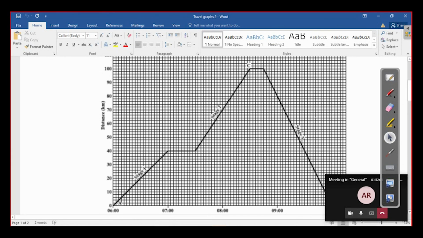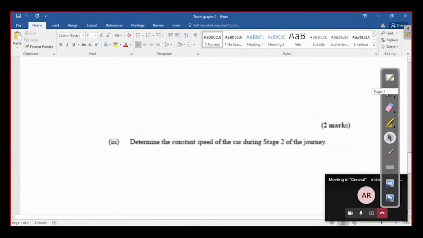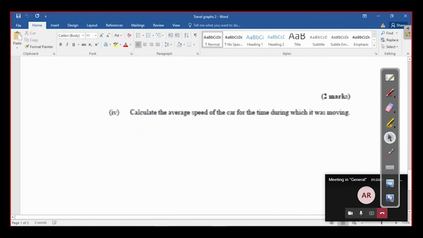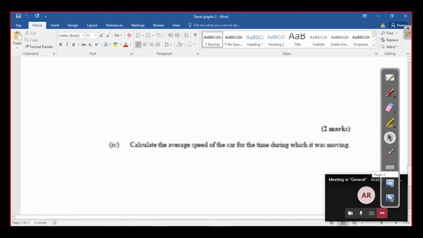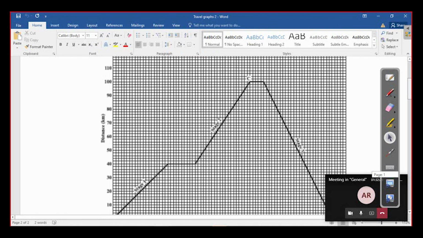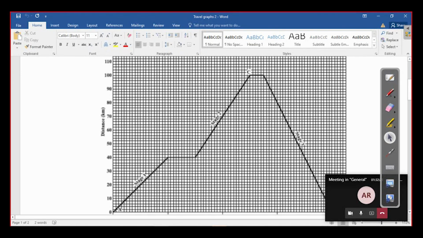So our final question: calculate the average speed of the car for the time during which it was moving. How are we going to calculate the average speed for the car? Lovely.